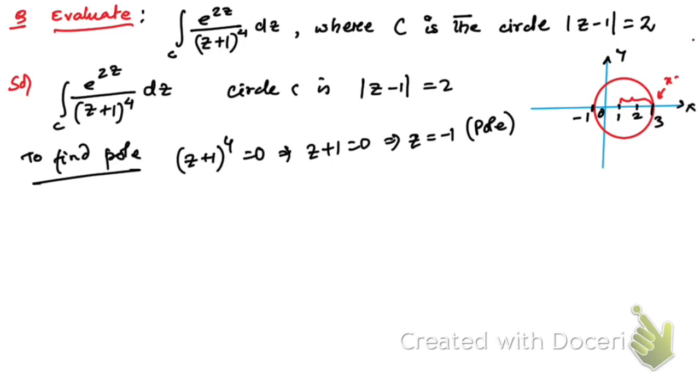Here you see this is on the circle, not outside it, because the radius is 2. From 1 to minus 1 the distance is 2 units, so this is on C.